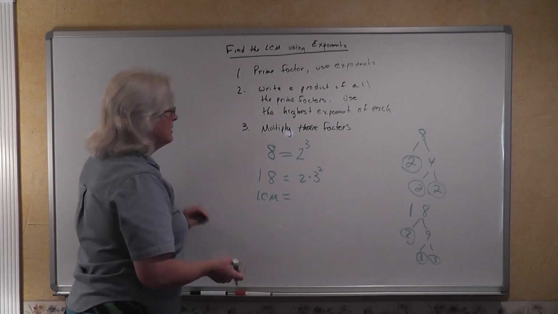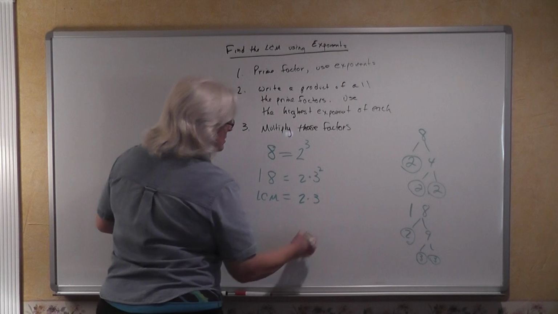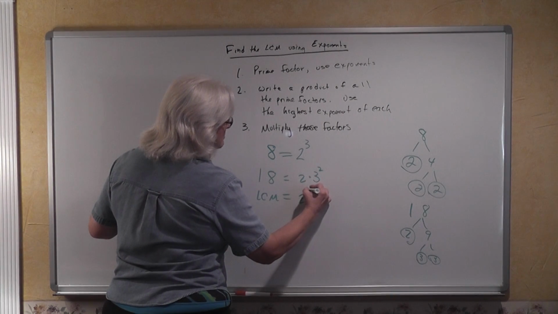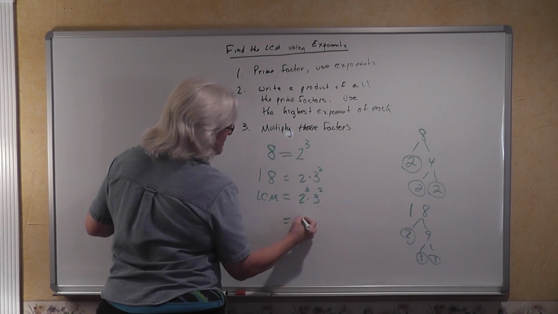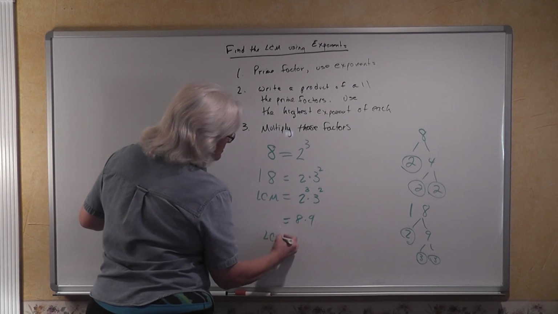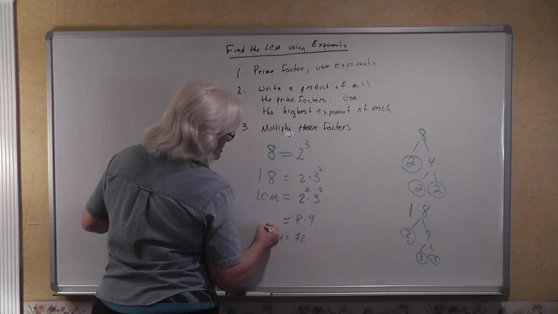Now you know that your least common multiple is each unique prime factor, the greatest number of times, with the highest exponent that's out there. So you have 8 times 9. So the least common multiple of 8 and 18 is 72.